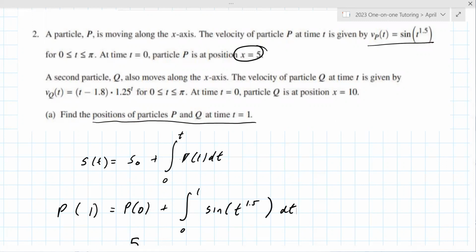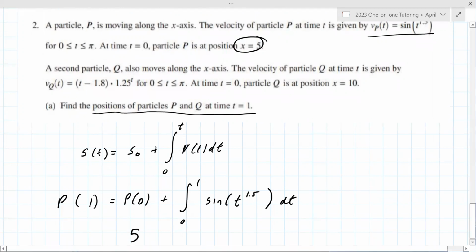Yep, I'll do it here as well. Is it 5.37? Yeah.